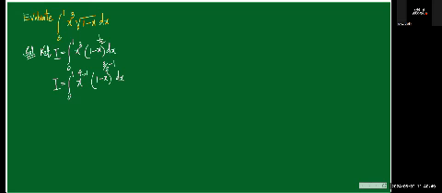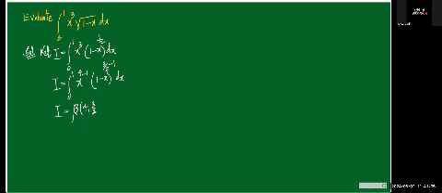So directly see the definition x power m minus 1 and 1 minus x whole power n minus 1. So by definition of beta function, what is this value? It is beta of 4 comma 3 by 2.